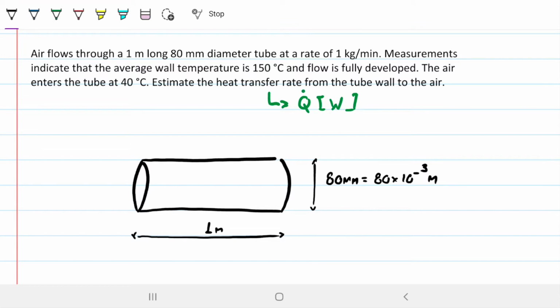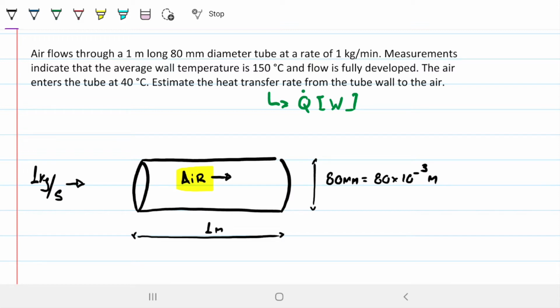What else do we know? We know that we have air, and I always encourage you to write down what you actually have so you look at the right table, because believe me, it's not uncommon for people to grab wrong properties from the wrong table because they are too used to using one type of flow.